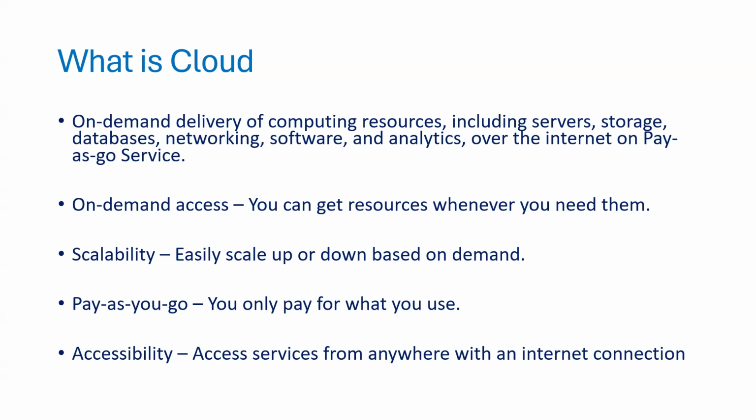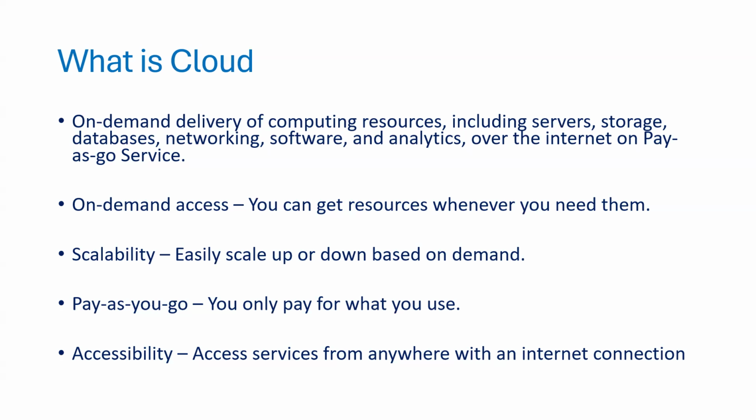So we'll focus on what the cloud is, what its types are, and what its infrastructure services are, in an easy-to-understand way. Let's take an example. What is the cloud? This is on demand delivery. That means if I want to use a particular service, for example buying a server or a simple machine, I need to go to the market and purchase it. But what if I need that server for only 2 or 3 months?